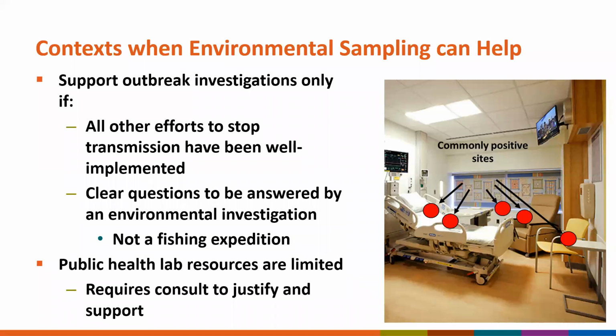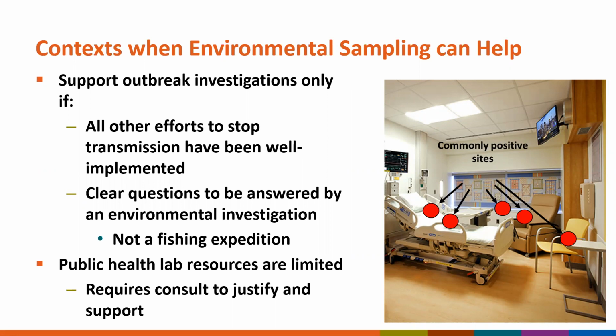So this will be really quick, but I do want to address a couple points about environmental sampling. We get a lot of questions and interest in environmental sampling, so I want to highlight when it can be helpful. The key is I want to emphasize that it's a narrow context and is hopefully a decision you'd make in communication with your local public health.